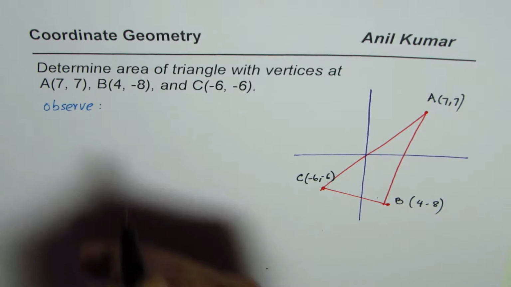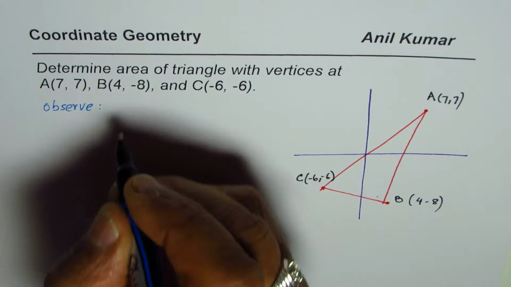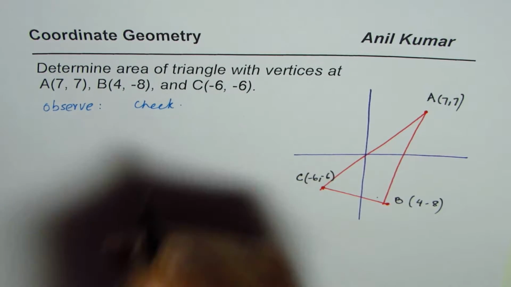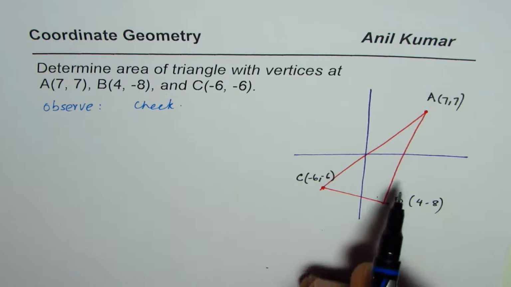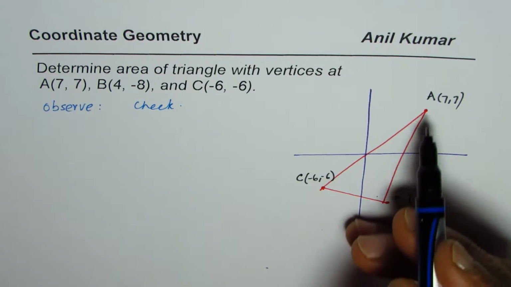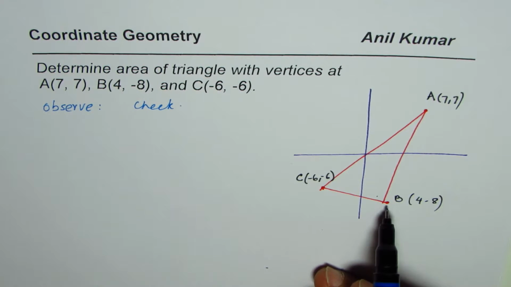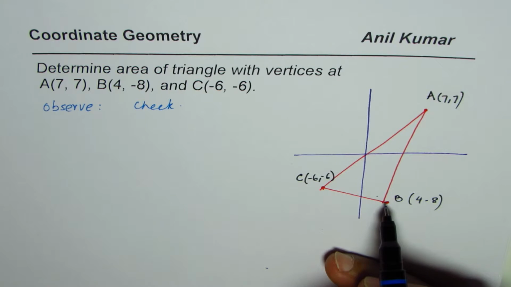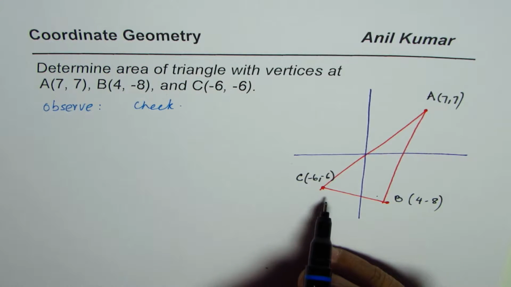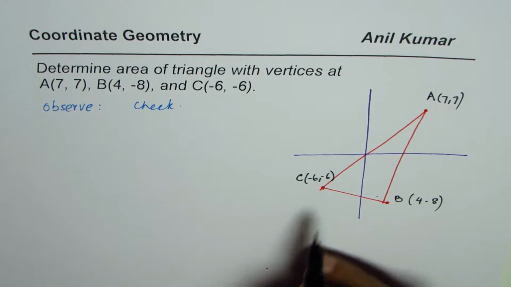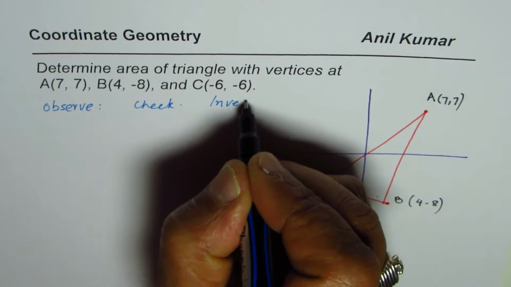When you sketch, you observe and then check your observation. Probably these two lines are perpendicular. If they are perpendicular, then the area will be simpler to find, and therefore it is worth investigating. So we investigate.